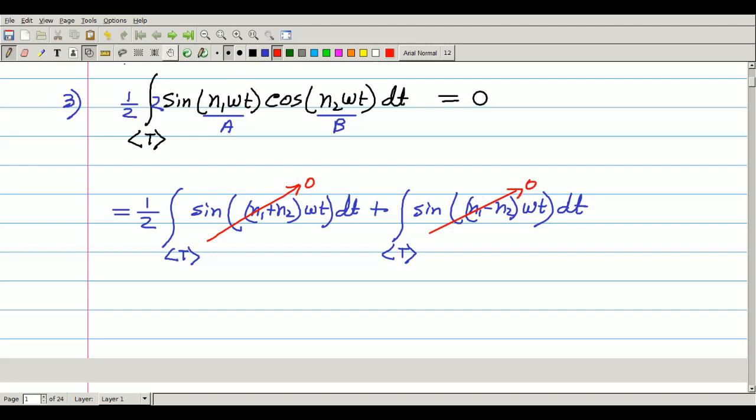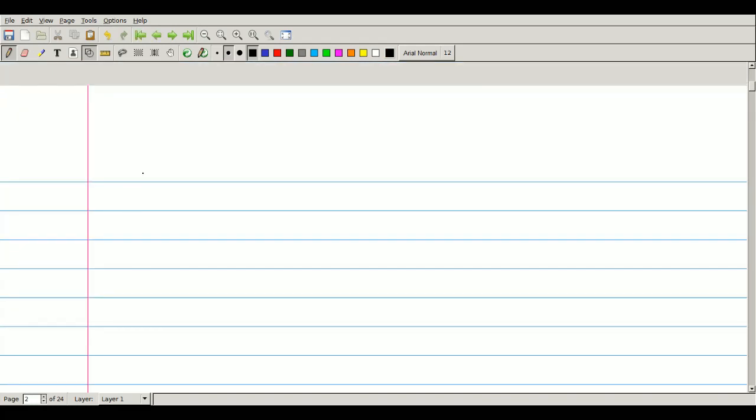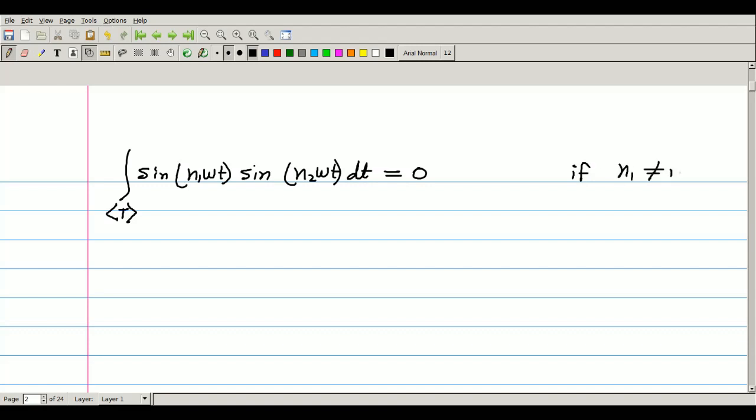Okay, now let us consider the product of sine n1 omega t and sine n2 omega t integrated over a complete cycle. Then this will be equal to 0 provided n1 and n2 are not equal.